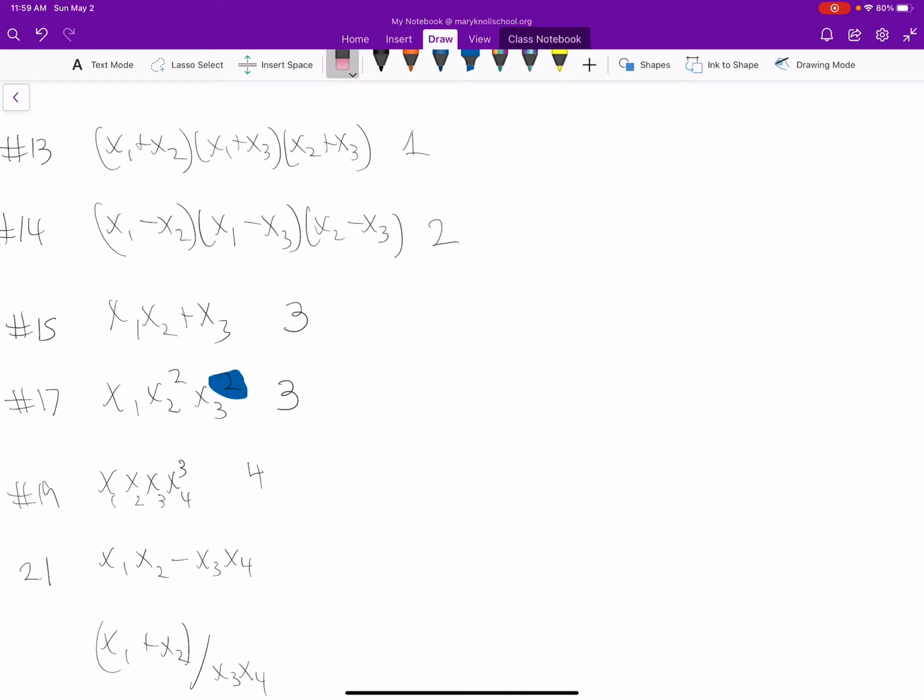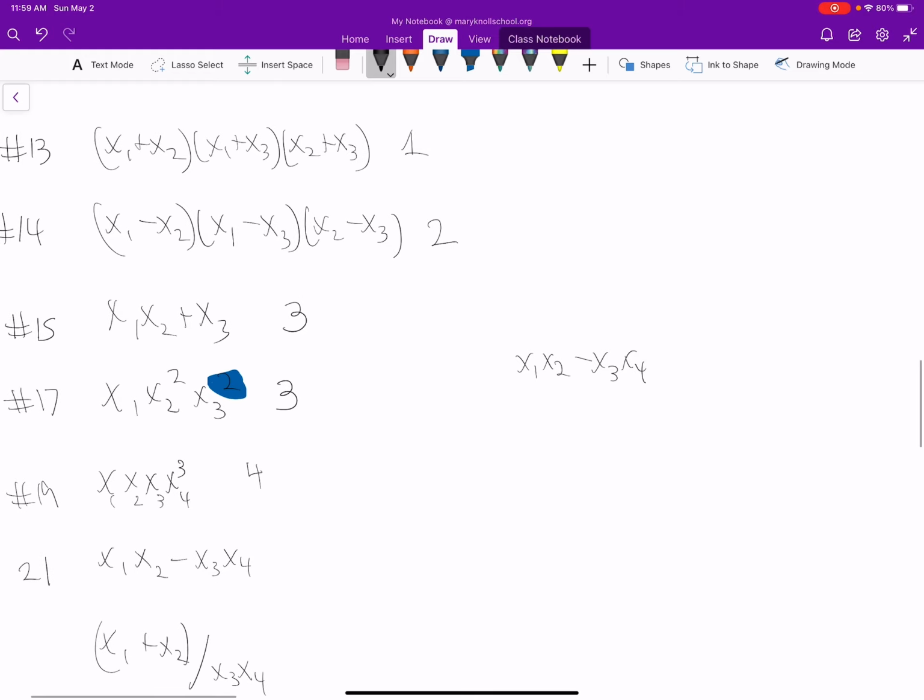I believe we'll end up with 6 because I think it's double 3. We'll see. Okay, so x1, x2 minus x3, x4. And then we're just going to switch this around, so x3, x4 minus x1, x2. So now we get a positive negative style distinct variant, right?